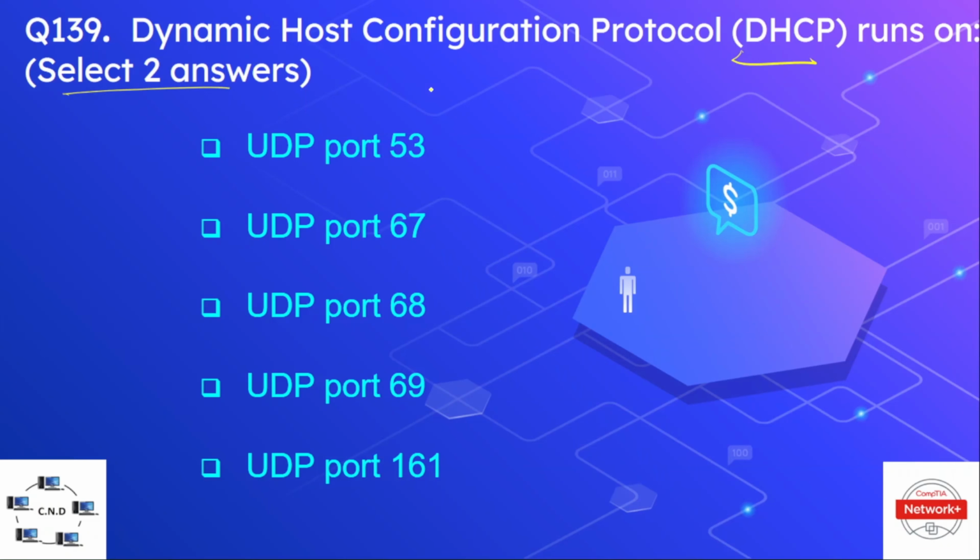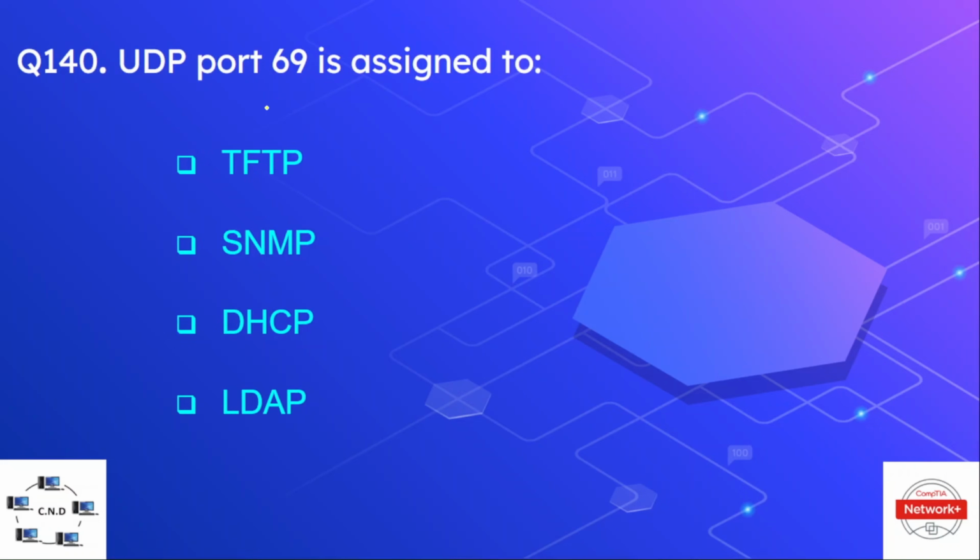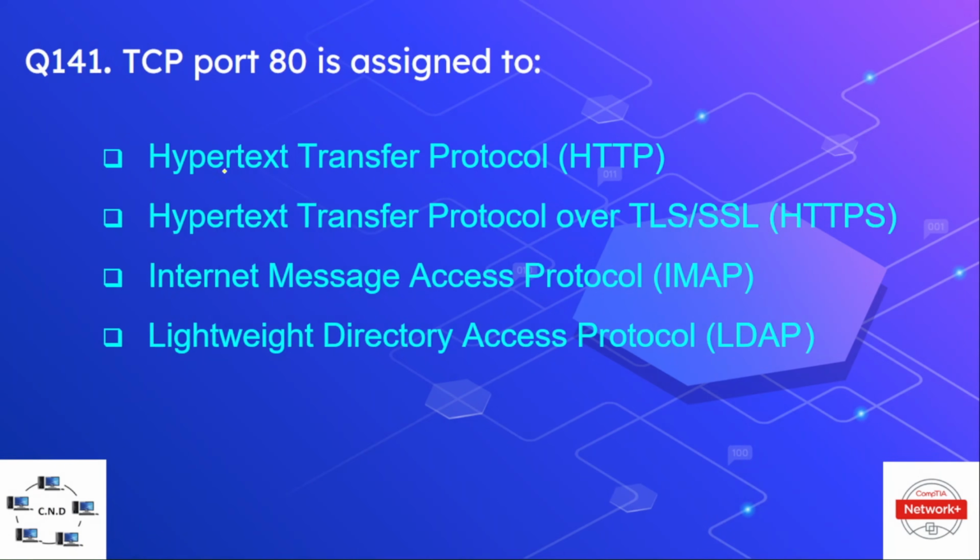So the DHCP uses two ports, and these are UDP port number 67 and UDP port number 68. Question number 140 is that UDP port 69 is assigned to, and the options are TFTP, SNMP, DHCP or LDAP. And the correct option is TFTP.